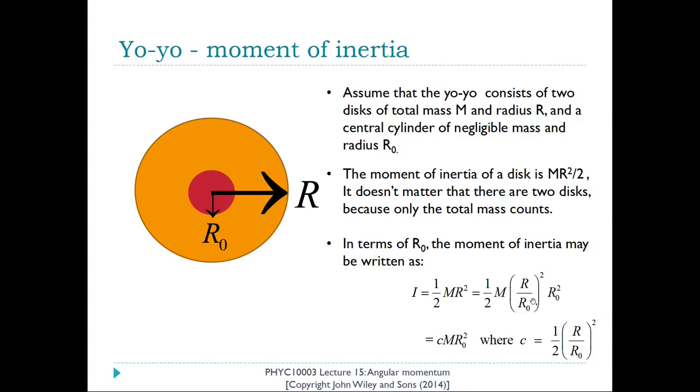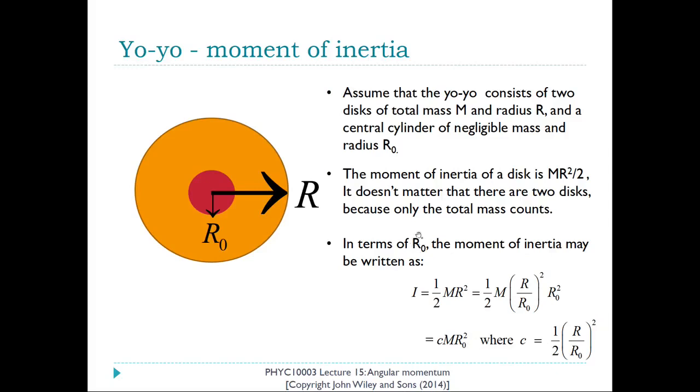We're going to show that, well, if mr squared, that's equal to the moment of inertia, this 1/2 here, this is our geometric component, or our c. And in this case, we can take this ratio here and move that as part of c.